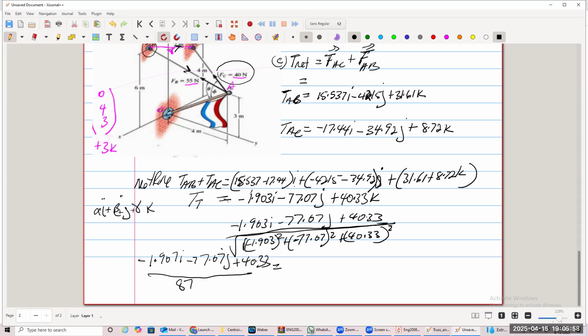So what's the unit vector? For I, it's negative 0.022.